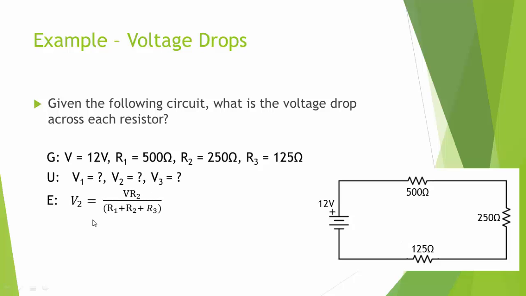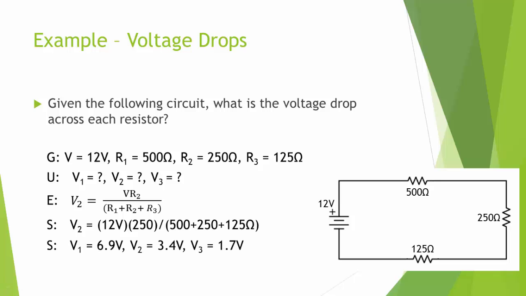So I've done the center one in this case because I happen to have the equation ready to go. So the voltage drop for the second resistor then would be the resistance of the second resistor divided by the overall resistance times the power supply voltage. So 12 volts times 250 ohms divided by 875 ohms.